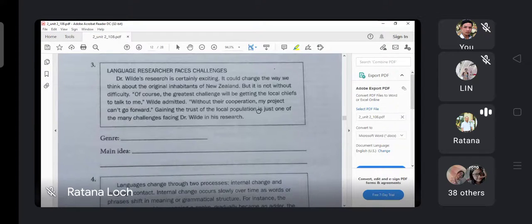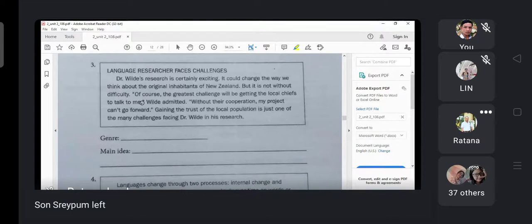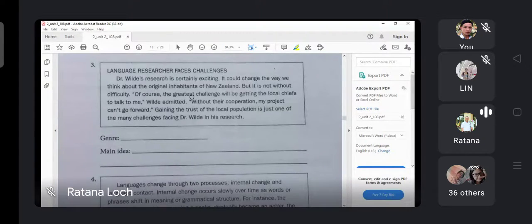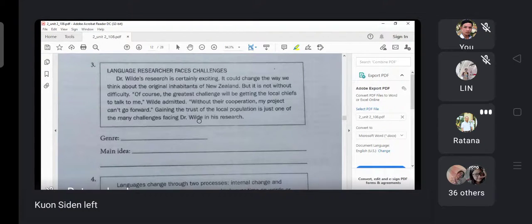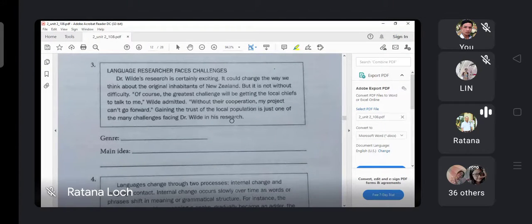All of you are correct, but you have to include the word challenges in the main idea here. So you can make it the great challenges for Dr. Wall that he faced when he did his research, for example, like that.